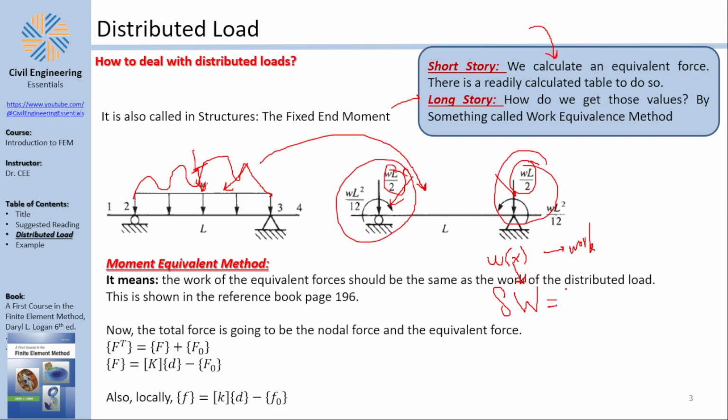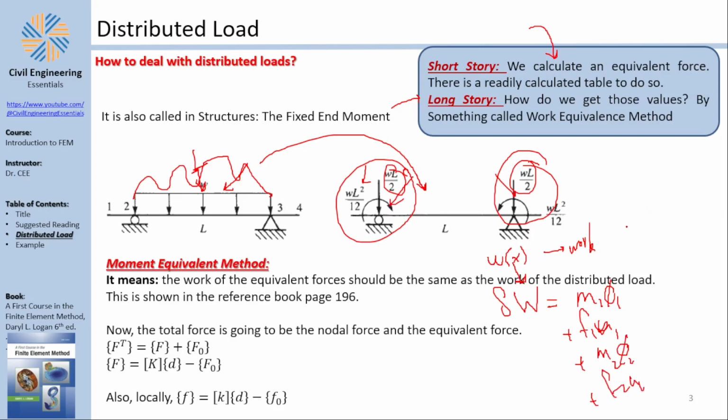Meaning that it must equal moment 1 multiplied by theta 1, where moment 1 is the equivalent moment at node number 1, plus force 1 multiplied by deflection 1, let me call it U or V, whatever, plus moment 2 multiplied by theta 2 plus force 2 multiplied by U2.